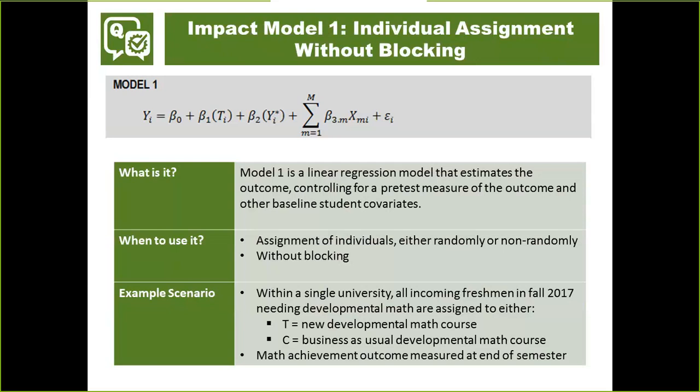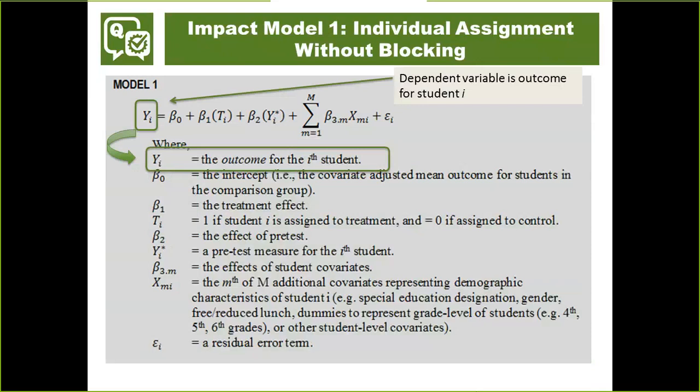The treatment students get a new developmental math course, and the control students get the business as usual developmental math course. A math achievement outcome is measured at the end of each semester. Model 1 is an appropriate model to use to estimate impacts for this design.